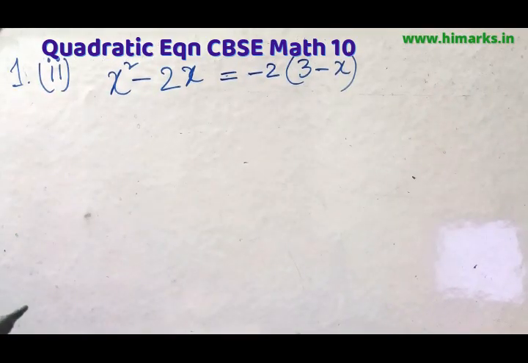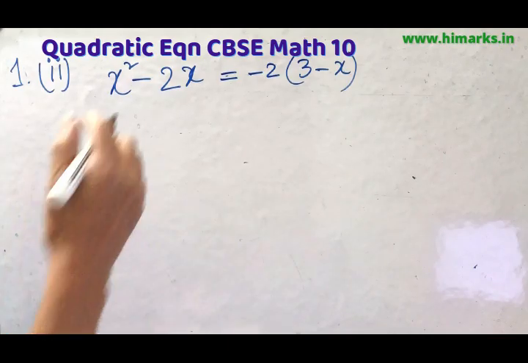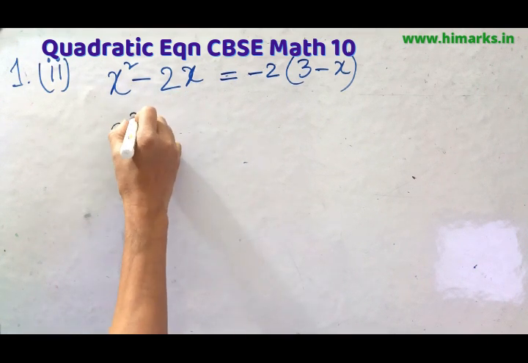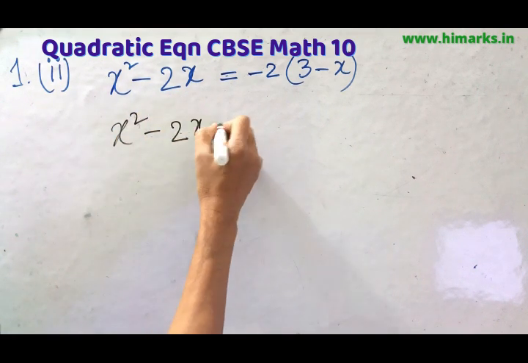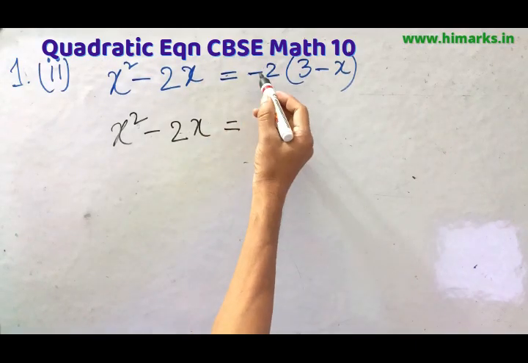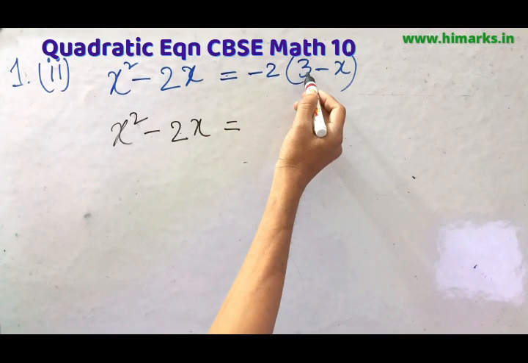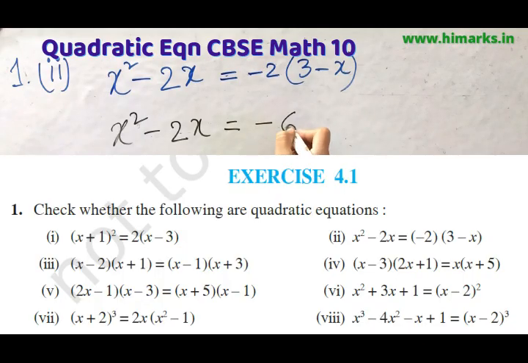So here we need to check whether this is a quadratic equation or not. Here again, on the left side nothing is to be done because it's already simplified. On the right side, the only thing you have to take care about is the multiplication. Minus 2 into 3 is minus 6.